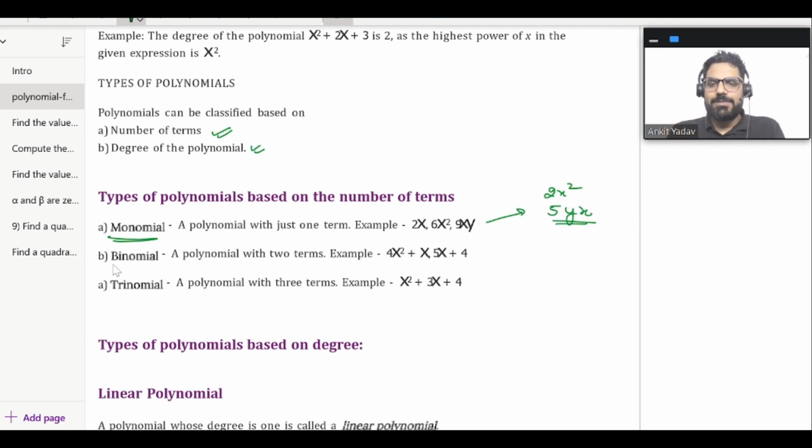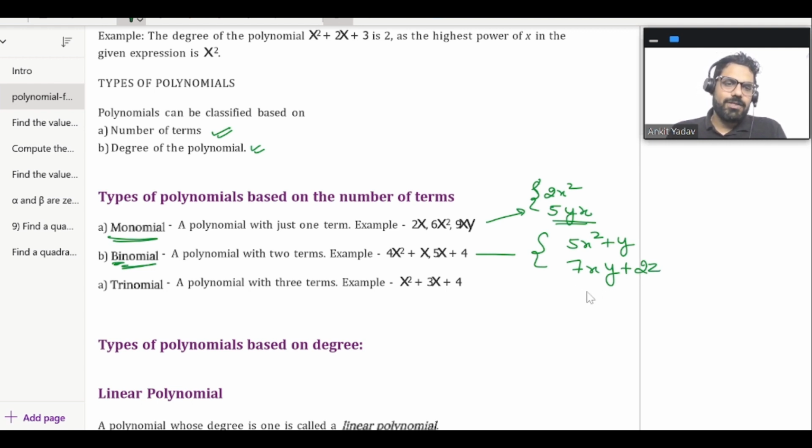Now the second one, binomial. Binomial means, as the name says, bi means two. So the polynomial that has two terms is known as a binomial. Let's take the example 5x^2 + y. Yes, it is a binomial. 7xy + 2z is again a binomial.